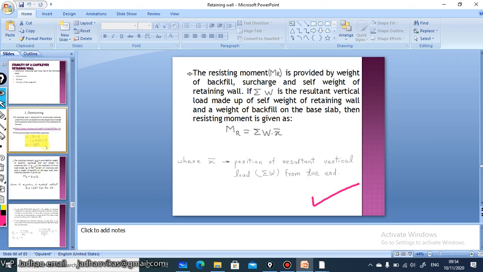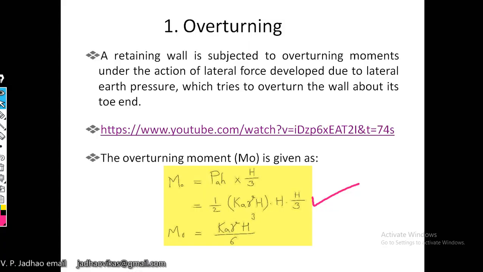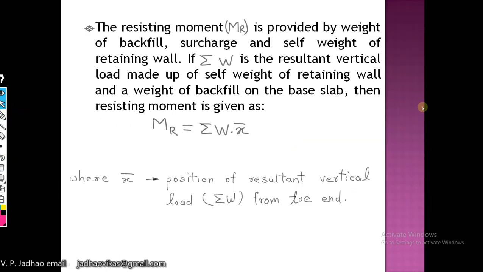Yeah, we were here, that is the overturning moment. We have just seen that the overturning moment M0 is equal to Ka gamma H cube divided by 6.